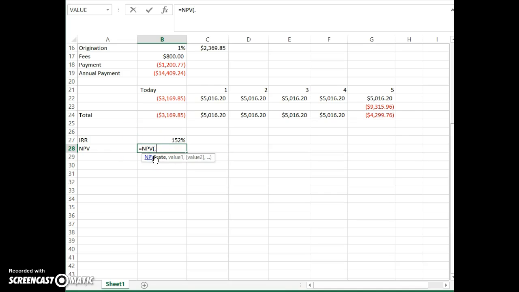Just going to put 0.1, comma. And we're only going to take the future cash values. Close parentheses. And since it's a negative, we're going to add it. And you should get $10,061 even. Since this is a positive, you should refinance.